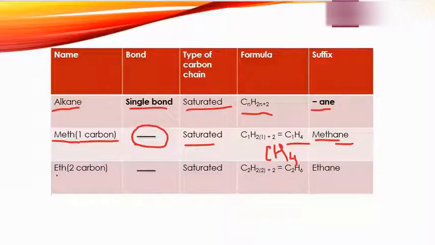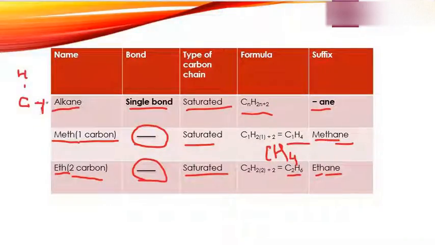Similarly we have one more example of eth, 2 carbons, single bonded which is saturated, C2H6. Eth and ane is the suffix, and for methane we have 1 carbon, 4 hydrogens in all directions.